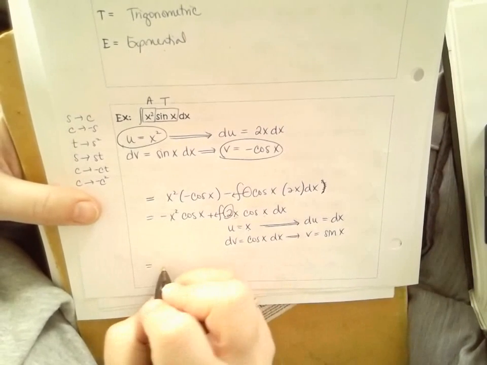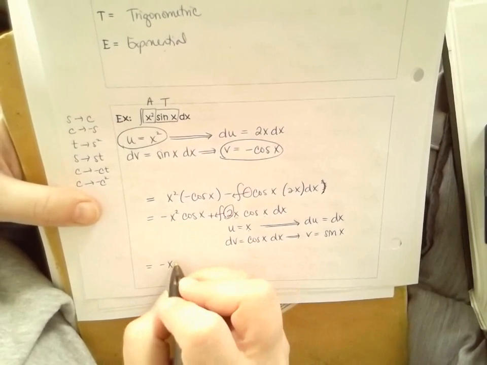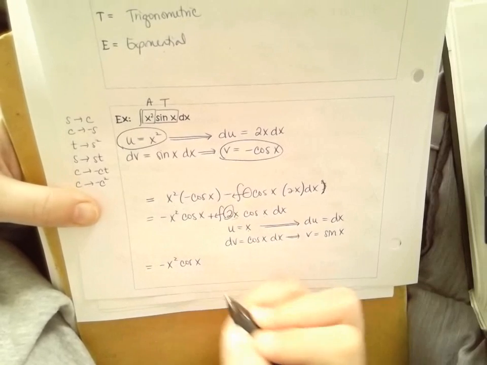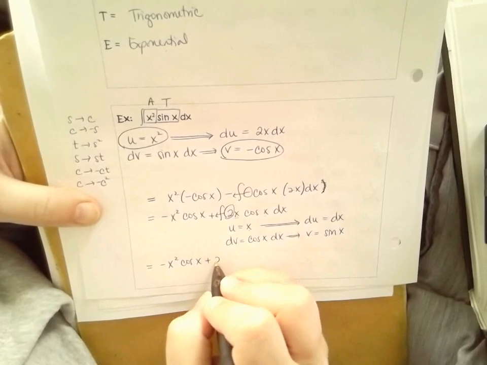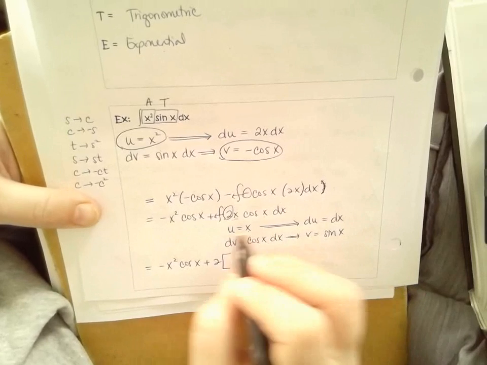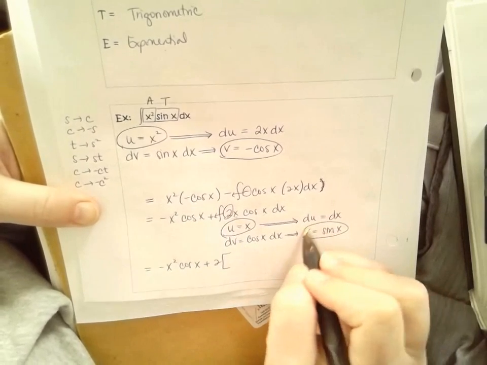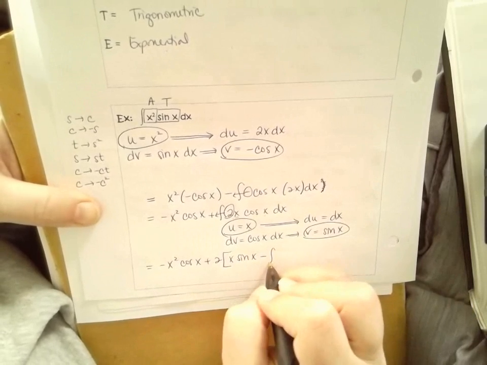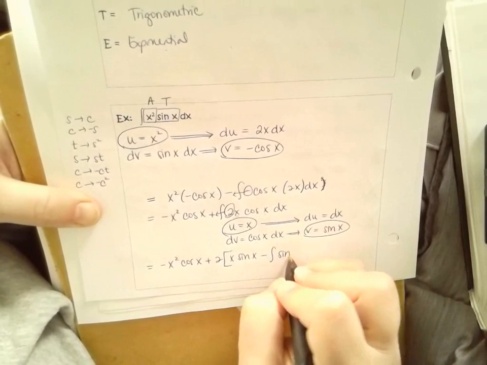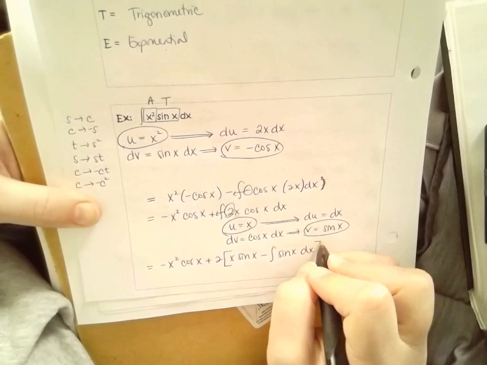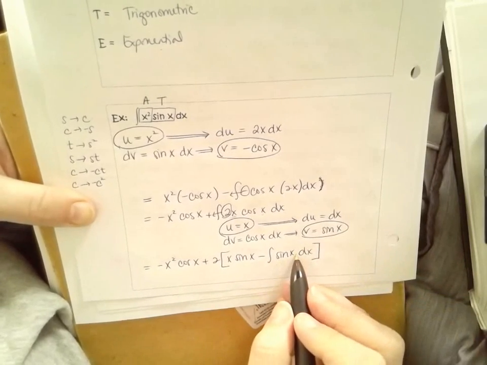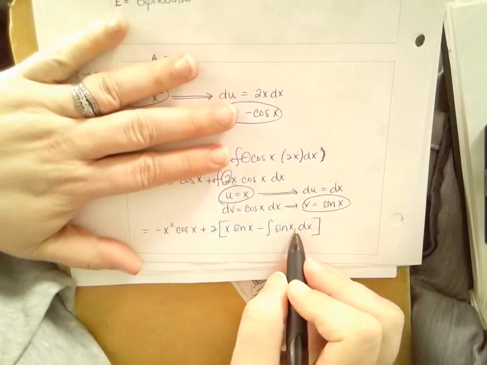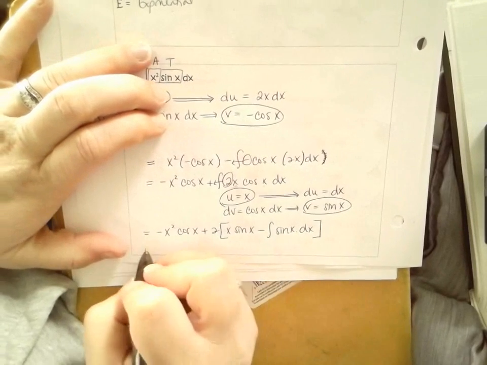All right, so I have my original x squared cosine x, and then I have a plus 2 times what I get from this new combination of uv minus the integral of v du. I know the integral of sine, so I'm able to actually figure this out in full in one more step.